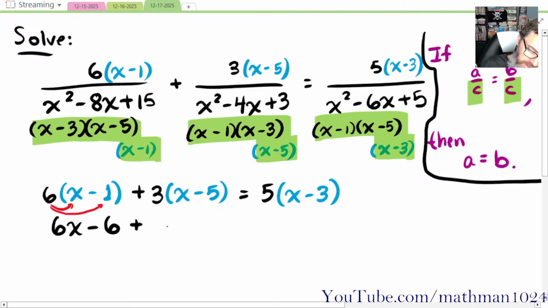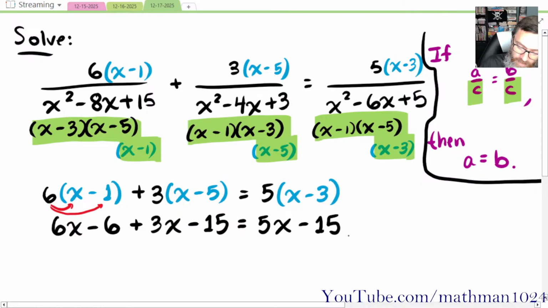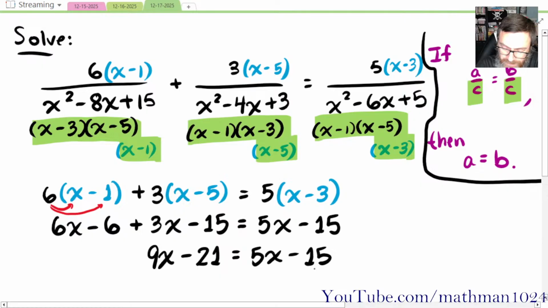So we've got plus, distribute here, that's 3x minus 15, and on the right side we get 5x minus 15. Now, the best thing that you can do here is to go ahead and combine your like terms on either side, right? So on the left side, 6x plus 3x is 9x. -6 and -15 combine to give you a -21. On the right side, there's not anything here to combine, so we just bring those guys down like that.